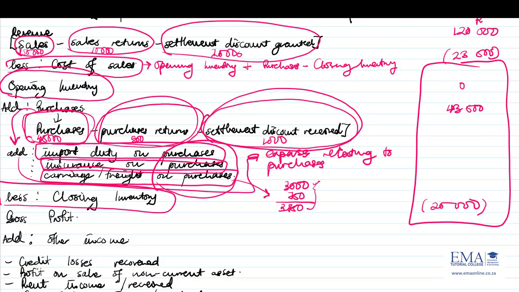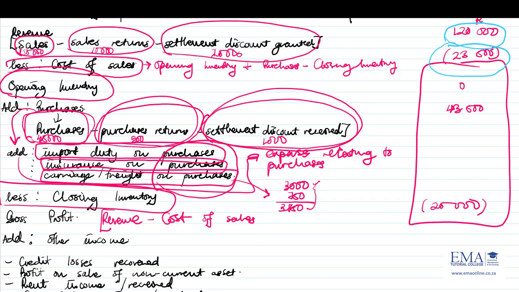Meaning that I'm saying my gross profit. How do I get it? Your gross profit, you get it by saying the revenue minus the cost of sales. Right. So here we're saying our revenue is 120,000 and then our cost of sales are what? 23,500. Right.